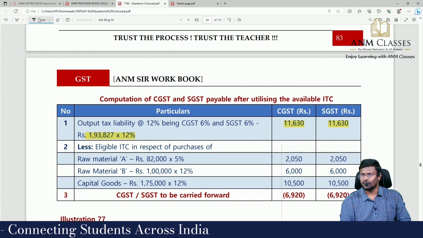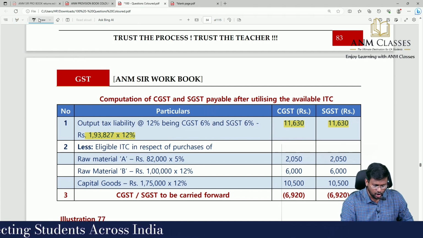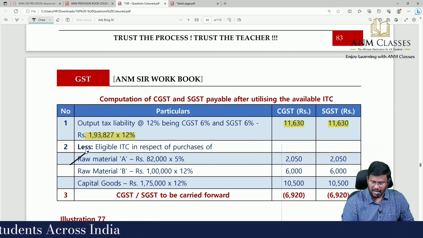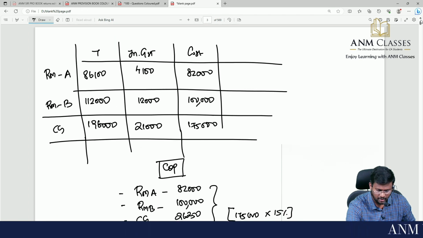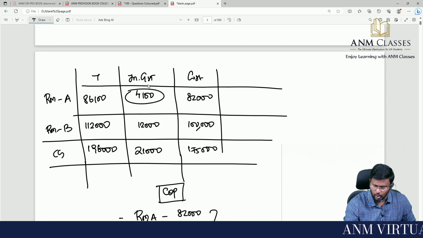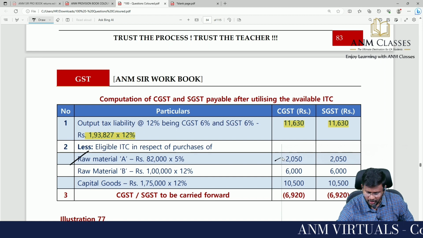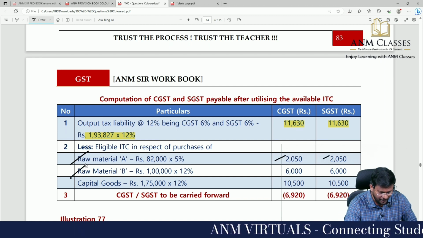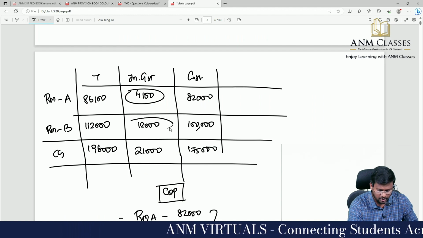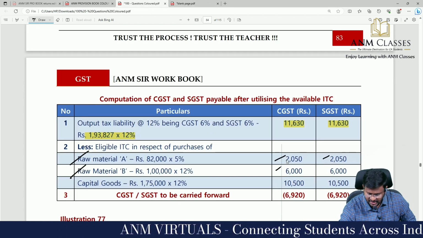Raw material A, can we take ITC for it? What is the total ITC? We calculate here: 4,100 divided by 2 is 2,050. Understood the ITC set off? Raw material B, what is the total ITC? Divided by 2, 6,000.